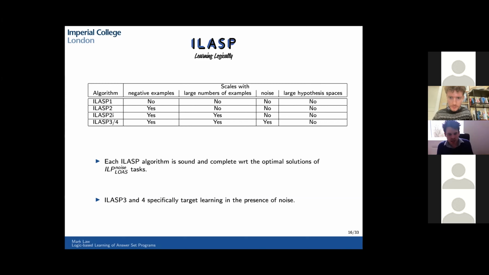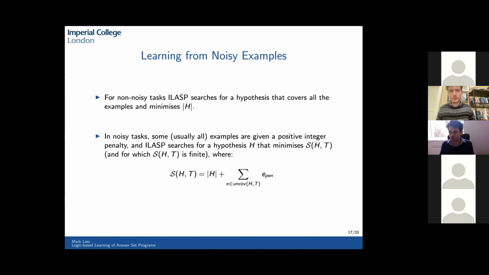Okay. So I want to say a bit more about learning in the presence of noise now. What I've presented so far has had quite a strict assumption that every example has been correctly labeled. This means if you give a positive example, I'm only interested in hypotheses that have at least one answer set that extends that example.